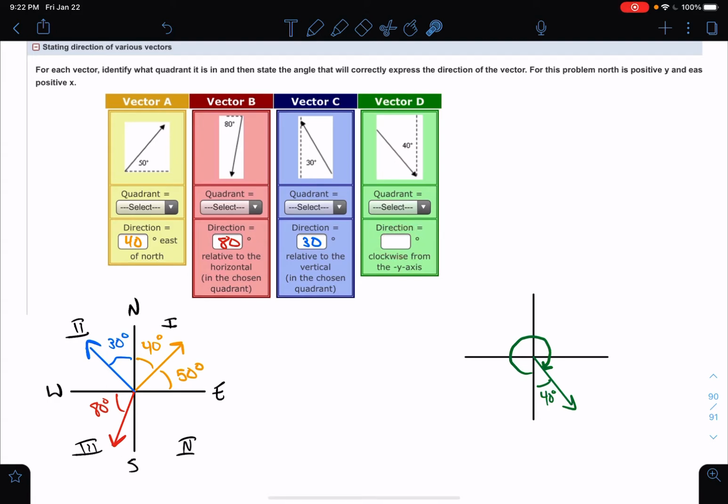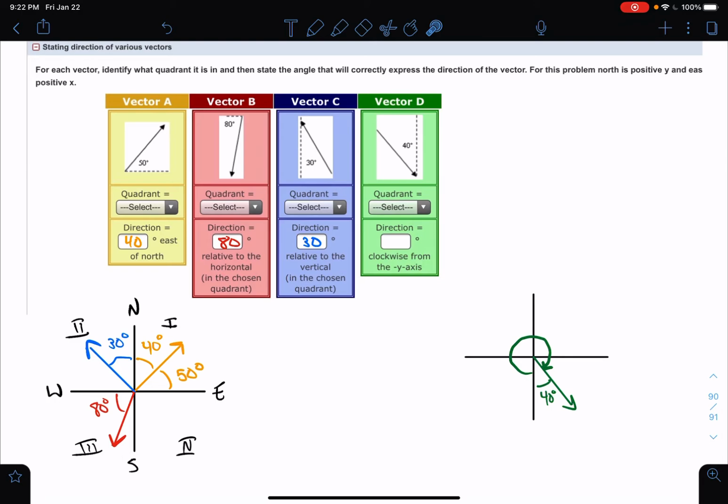Now in this case, you might have something worded differently here. It might say counterclockwise from the positive x-axis or something like that, okay? The answer here is going to range between 0 and 360 degrees, just so you know. In my case, it's going to be quite large because I have to go almost all the way around.